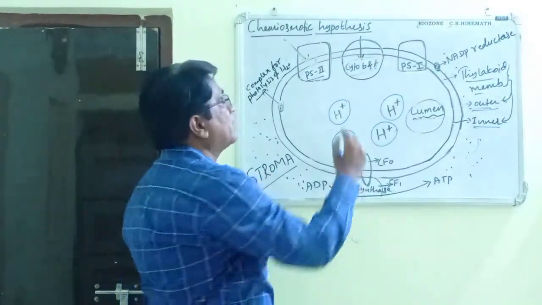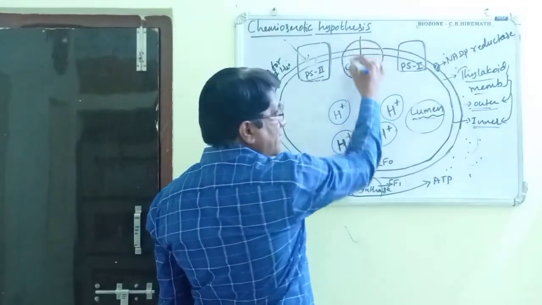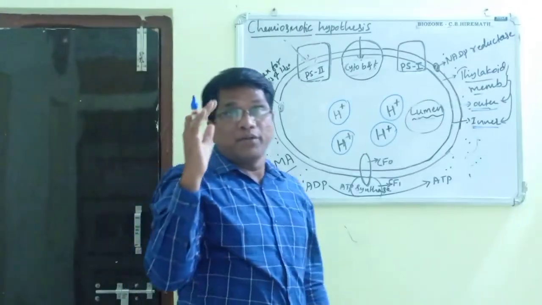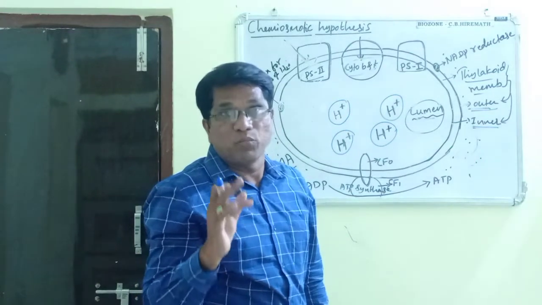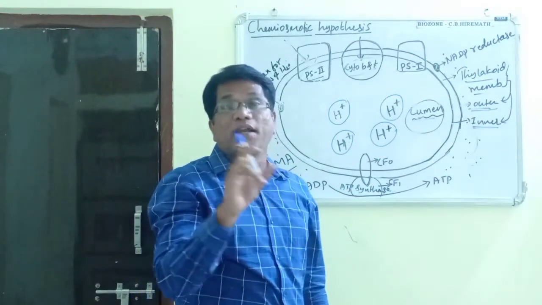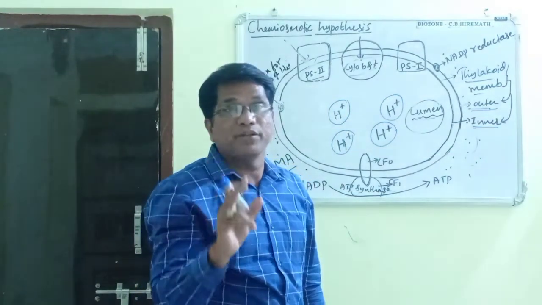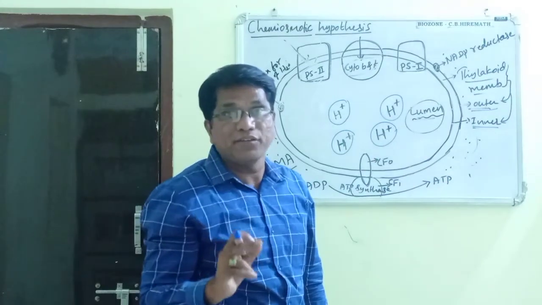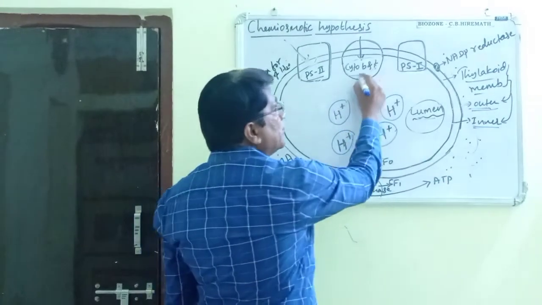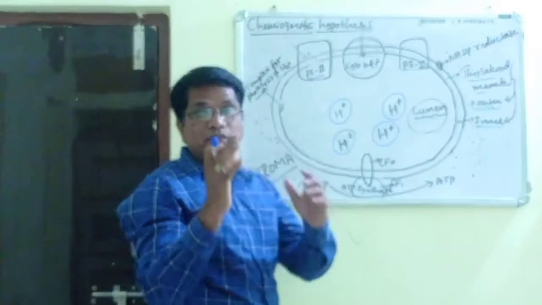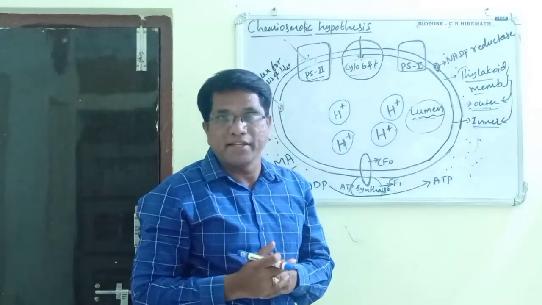At one point, these electrons are transported to a hydrogen carrier molecule, not an electron carrier. So remember, that molecule is the cytochrome molecule. This cytochrome molecule is a hydrogen carrier.